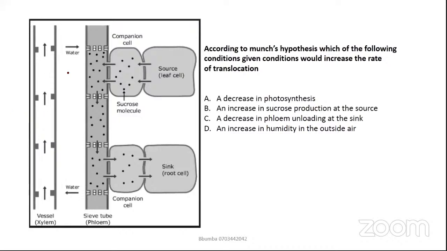You can study this structure here, and see what it is showing. According to Munch's hypothesis, which of the given conditions would increase the rate of translocation? I am giving you 1 minute to think through this question, and you probably raise your hands and give us the answer.